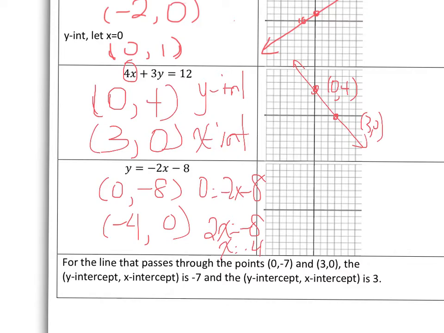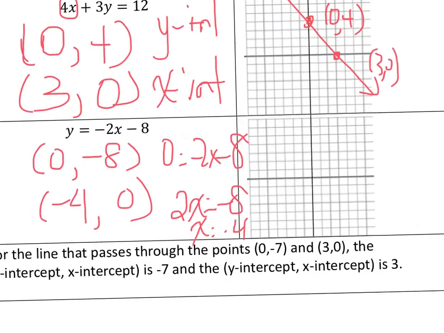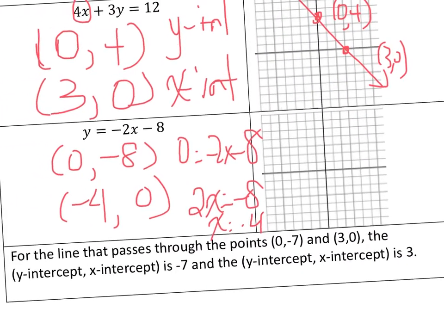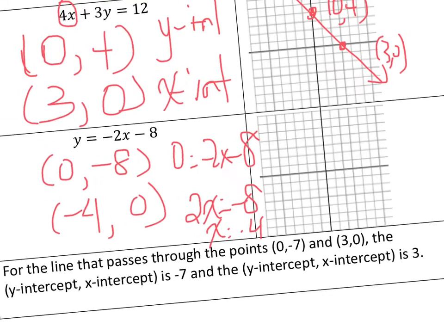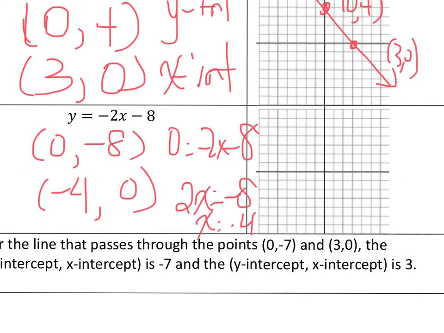And when you graph, you can go by 2's to make it easier. So 2, 4, 6, 8. I'll write -8 here. And then -4, -2, -4, 0.